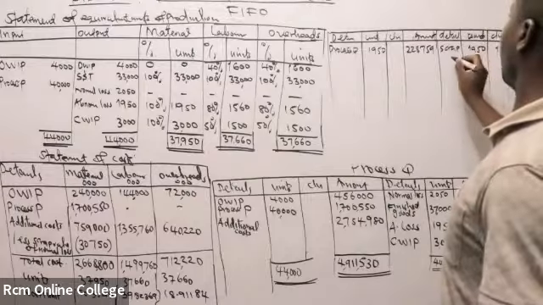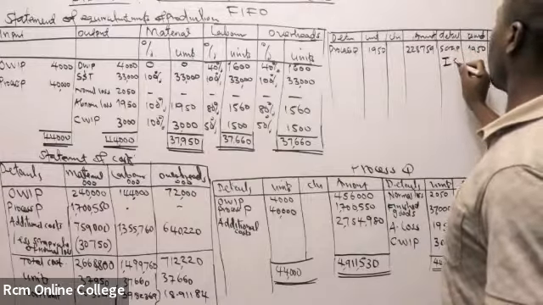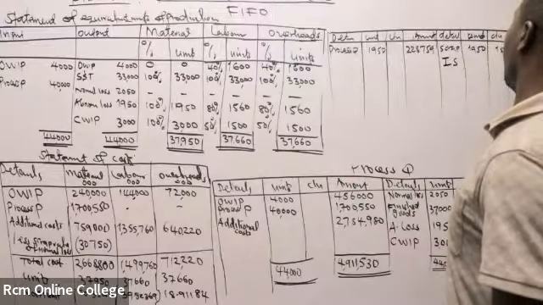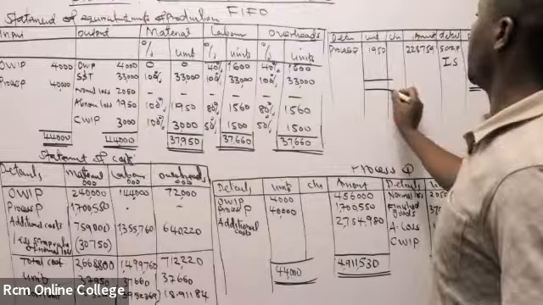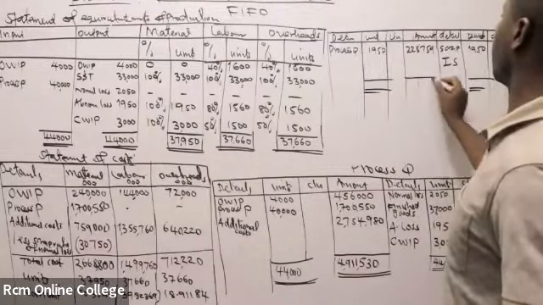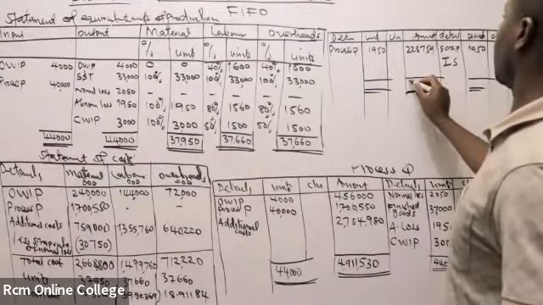Abnormal loss. We are going to do what? We are now taking this to income statement as a loss. Can you give me the balancing figure? What is our balancing figure?